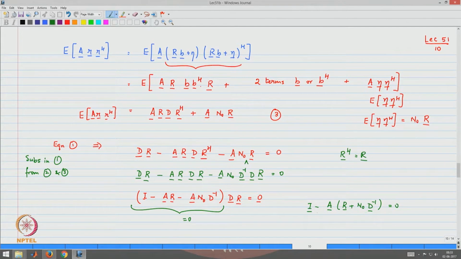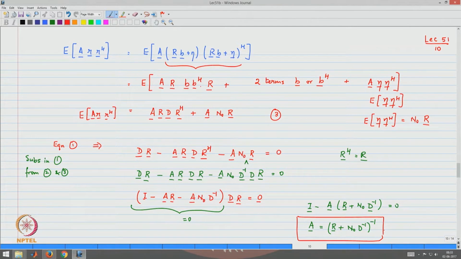If you take one term to the other side, a has to be equal to r plus n naught d inverse, inverse. In other words, a times r plus n naught d inverse has to be equal to the identity matrix. So therefore a has to be the inverse of that matrix. This is a very, very important result.